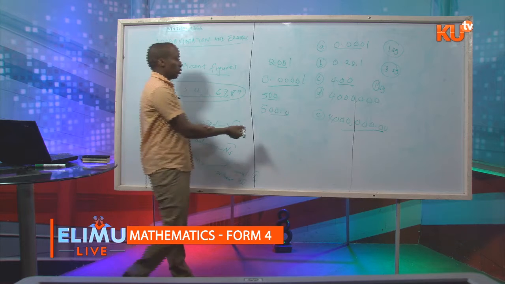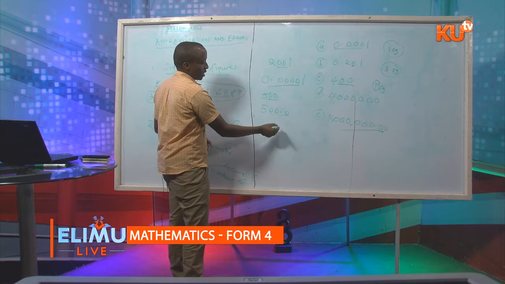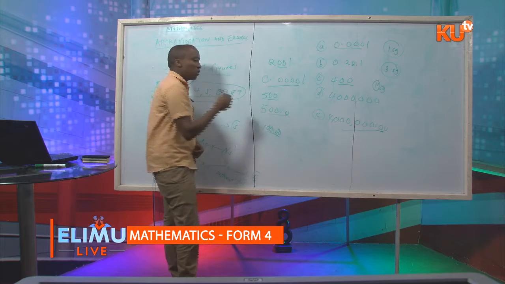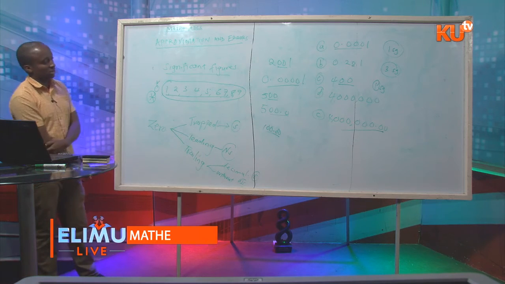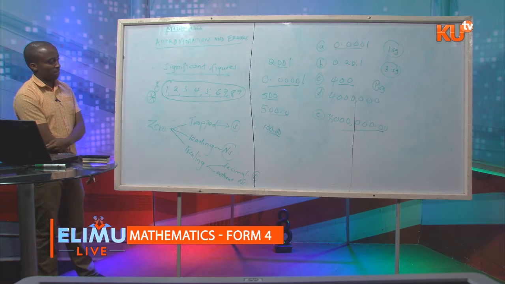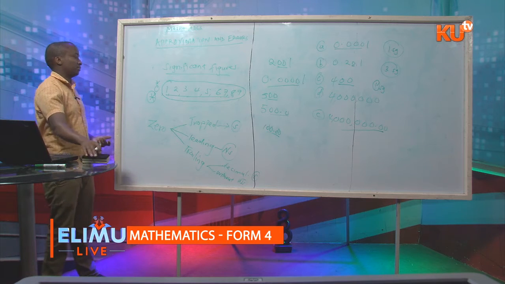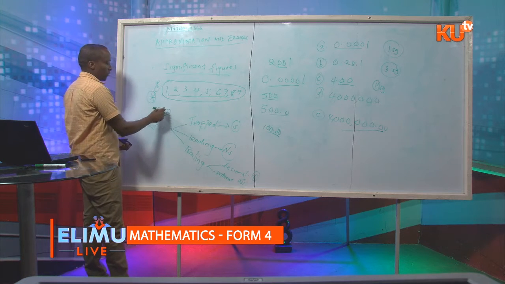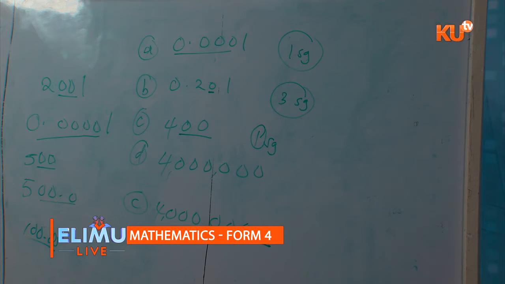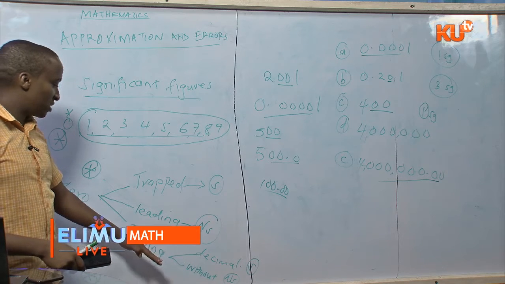That's why when we write our Kenyan money, we have 100 bob. We have to consider the decimal point to make them significant. So for zero, we have to consider the type of zero that we have: the trapped zero, the leading zero, and the trailing zero.